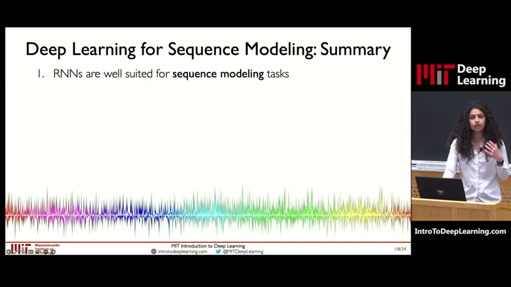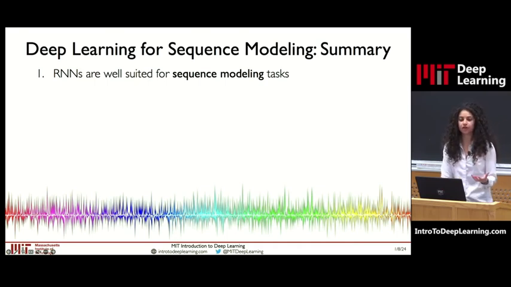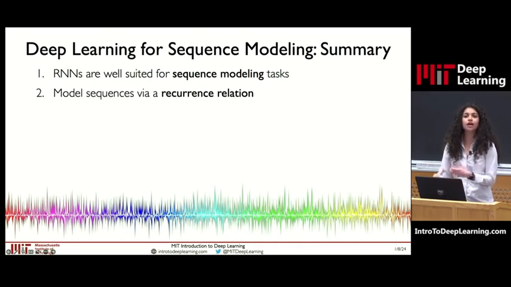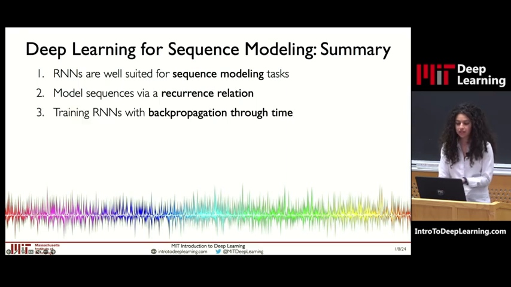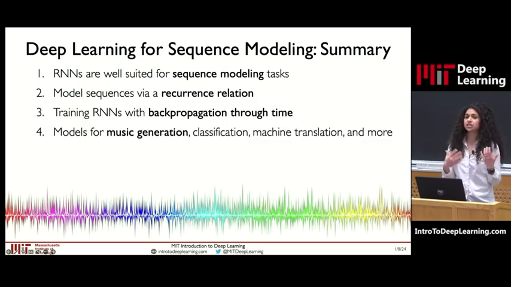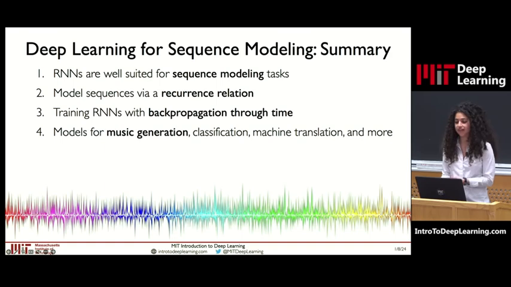So, to close up and summarize, this is a very whirlwind sprint through what sequence modeling is, how RNNs are a good first starting point for sequence modeling tasks, using this notion of time-step processing and recurrence. We can train them using backprop through time. We can deploy RNNs and other types of sequence models for a variety of tasks, music generation and beyond.